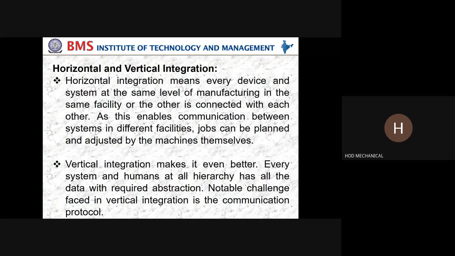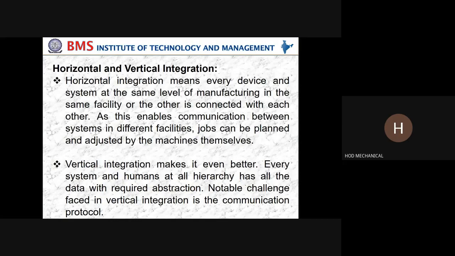Horizontal integration takes care of only one particular layer: communication between only managers, only the plant heads, only the shop supervisors. Those are called horizontal integration.